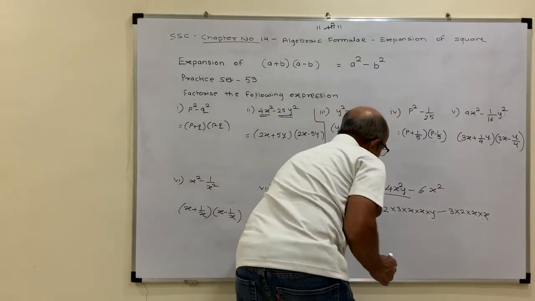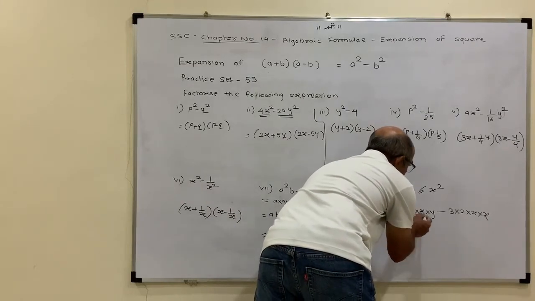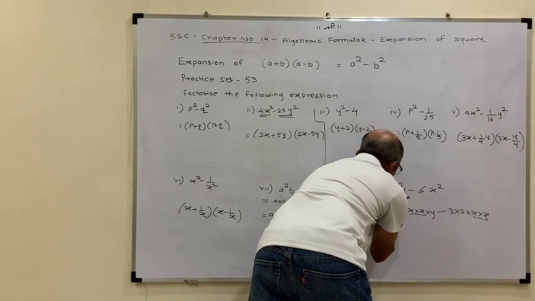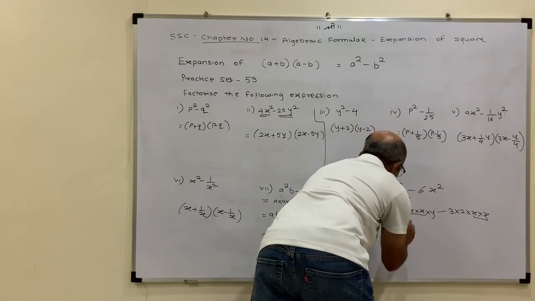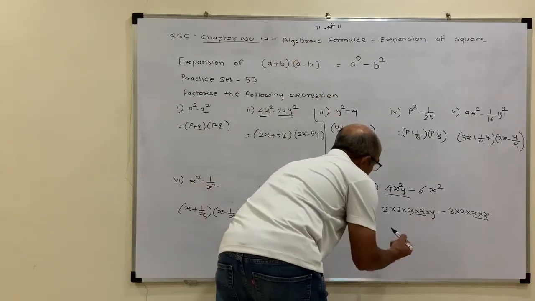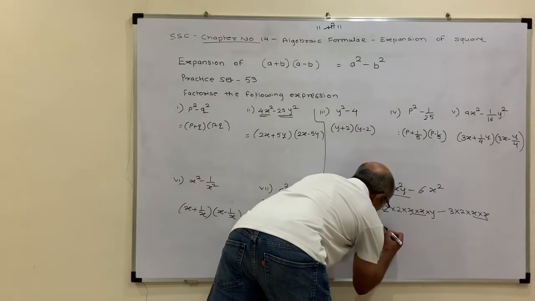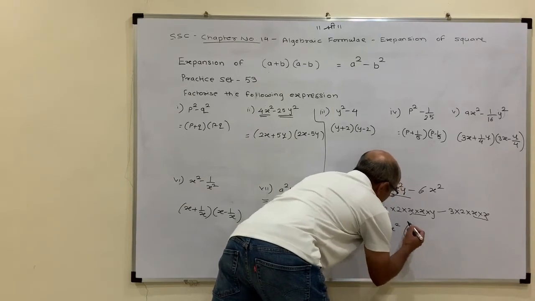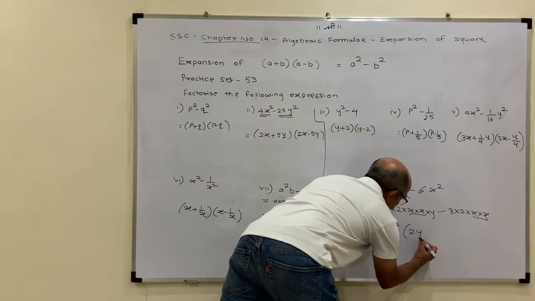So now I have 2x square which I can take out. My common term is 2x square, and the rest inside is 2y, this 2 and this y left over, minus 3.